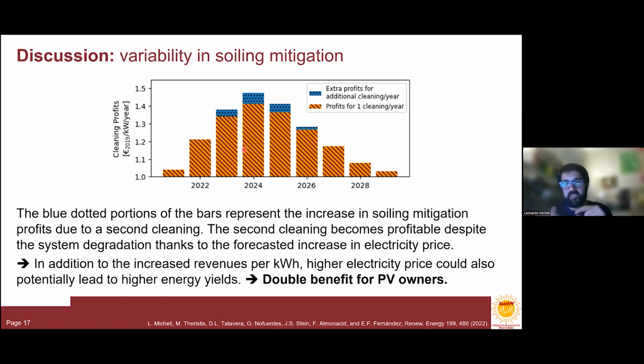So on top of the higher electricity price that they will be paid, they will be gaining more because they will be producing more energy. So the higher electricity price scenarios will provide a double benefit for them. Again, more reward for the energy produced, but at the same time, they will produce more energy because of that reward. And so they will get, again, a double benefit from that scenario.